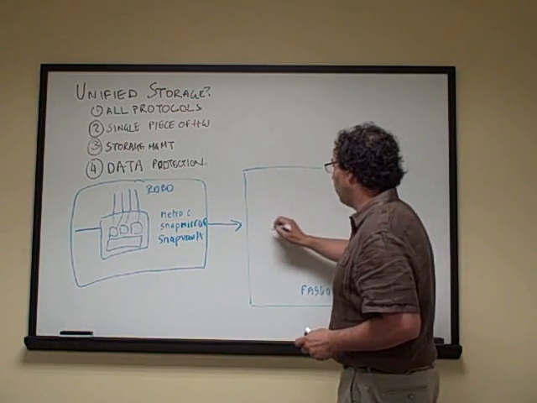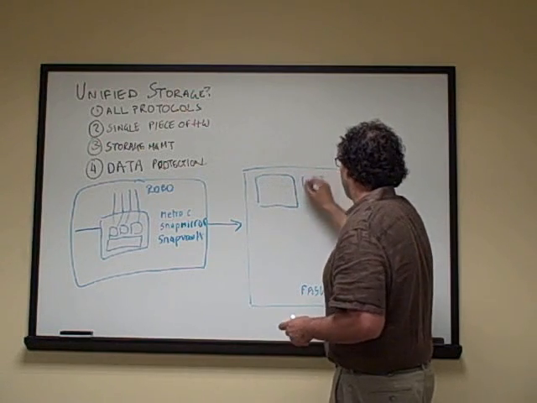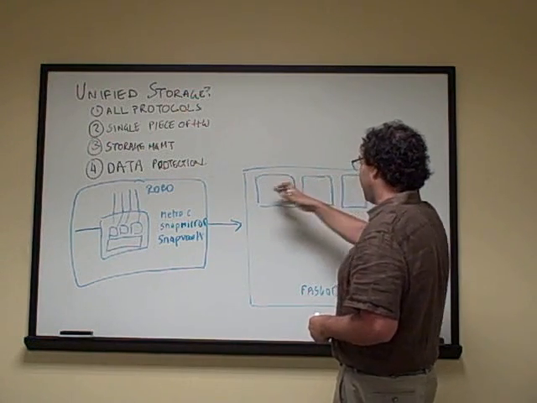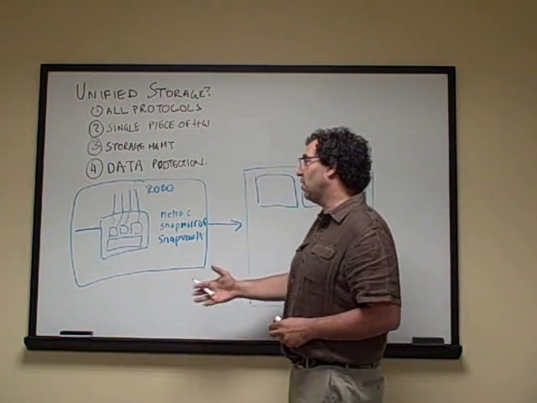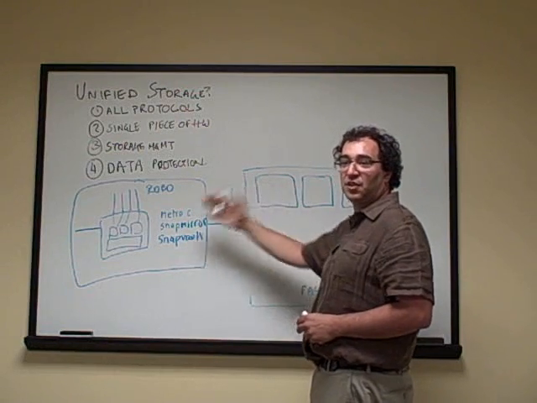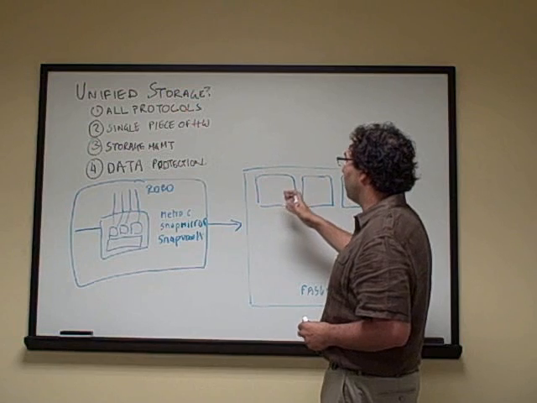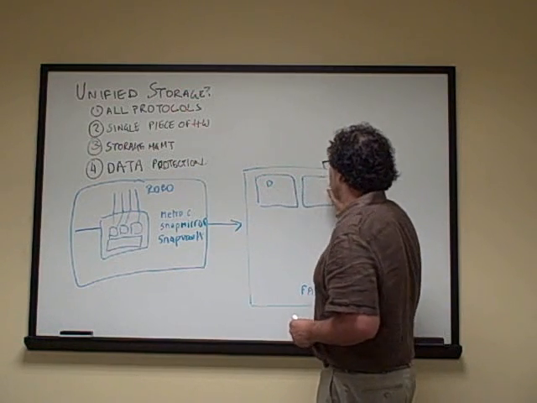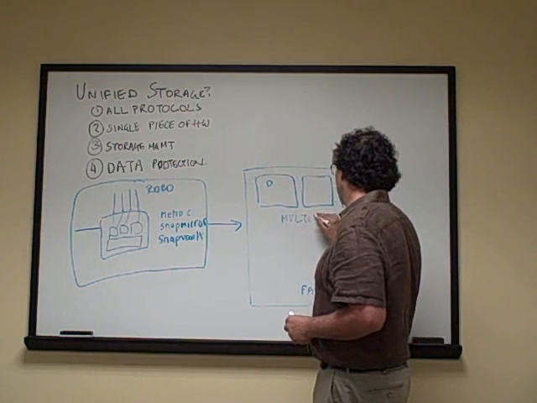I can then replicate all of that data to that FAS 6000 device, and I could use a product we call MultiStore to carve up that FAS 6000 device into a bunch of distinct personalities, such that when I do a DR event from my ROBO to my remote office, I have the same IP addresses and the same configuration. And the other part is that I don't have a problem where data in here is visible to data over here. So this is a product we call MultiStore.